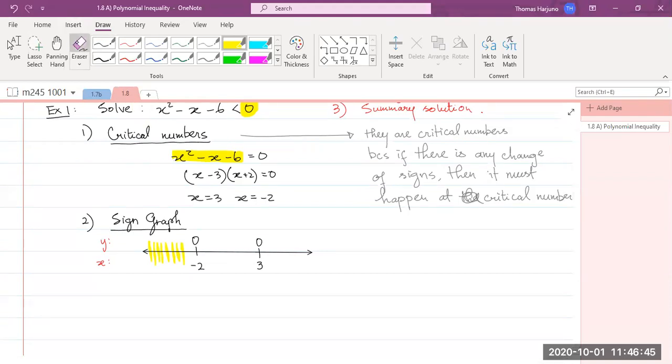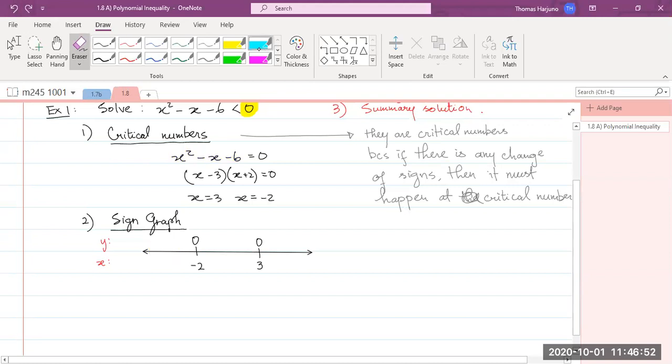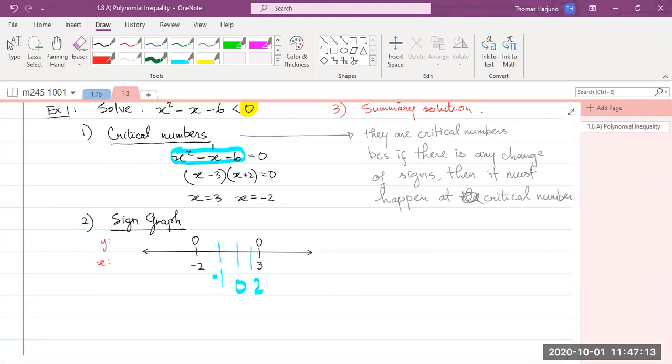The same thing too, if you pick any numbers, for example, x equals -1, or x equals 0, or x equals 2, and you plug into this expression, even though the values differ, all of them must have the same sign.